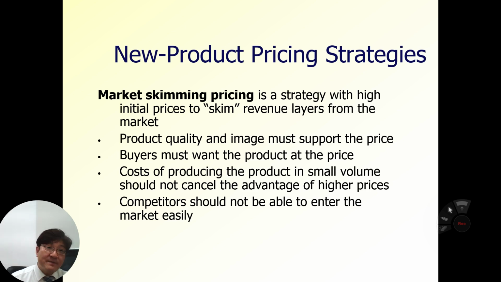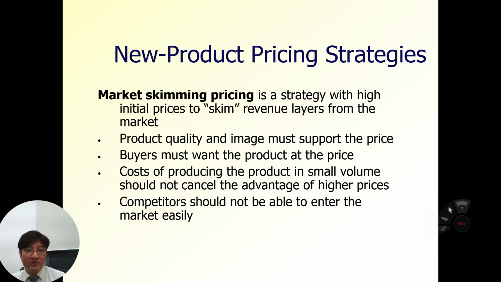For some IT products, companies actually use skimming pricing. When we use market skimming pricing, the product quality and image must support the price, which means that since we are charging a high price, we need a product which has an expensive image.